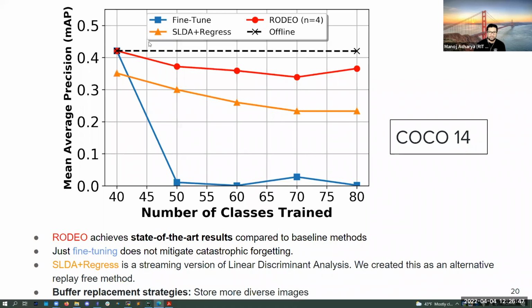So with all these elements, I want to compare RODEO with the offline model and some other previous models as well. First, this is for a large-scale object detection dataset called COCO, where RODEO achieves state-of-the-art results. And as you can see, simple fine-tuning does not mitigate forgetting.